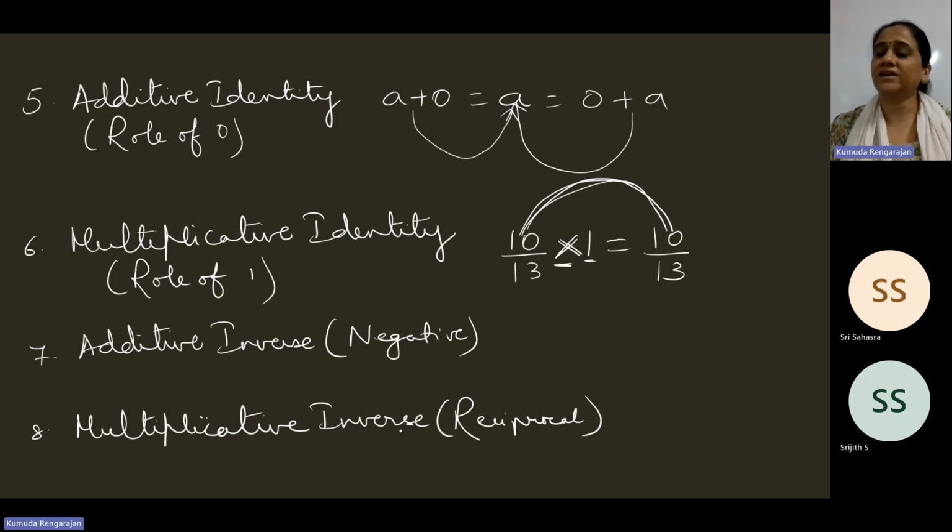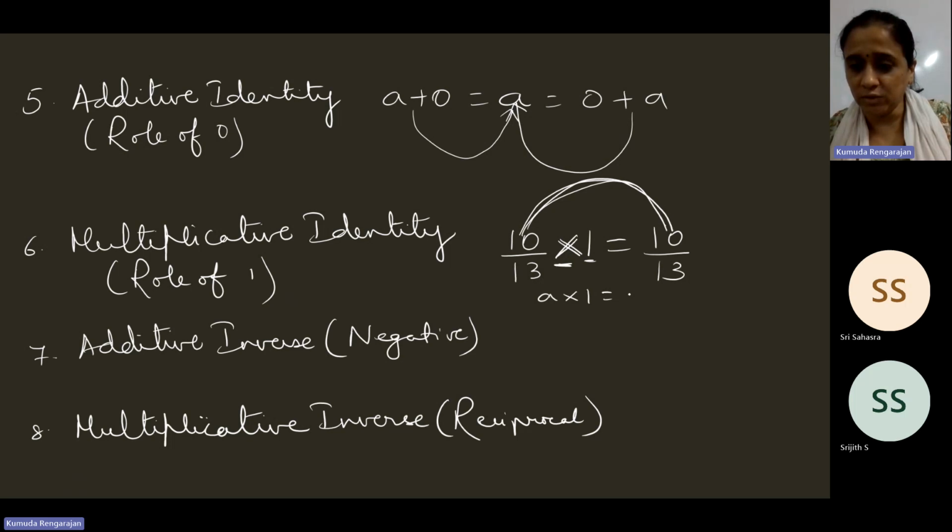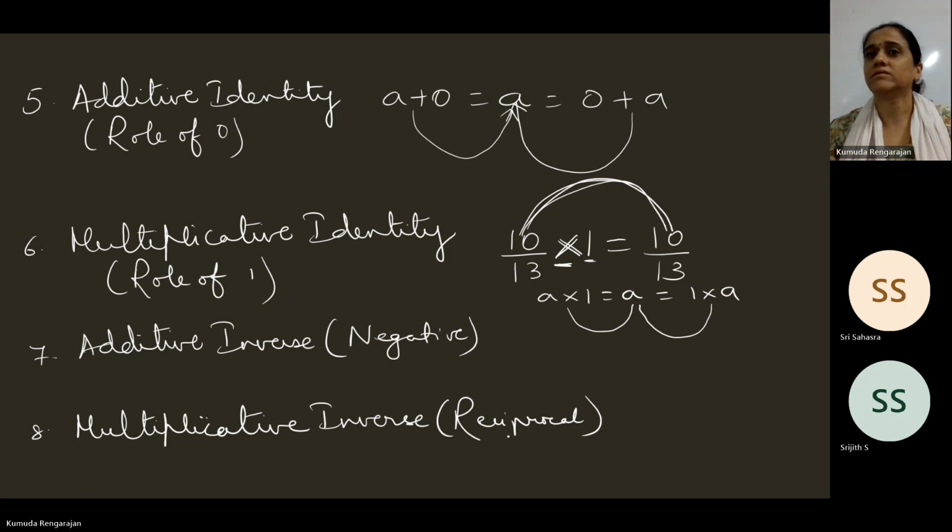So the multiplicative identity of rational numbers is 1. Here we say a into 1 is equal to a, which is equal to 1 into a. That is, a into 1 is a, and 1 into a is also a. It's written as a into 1 is equal to a is equal to 1 into a.